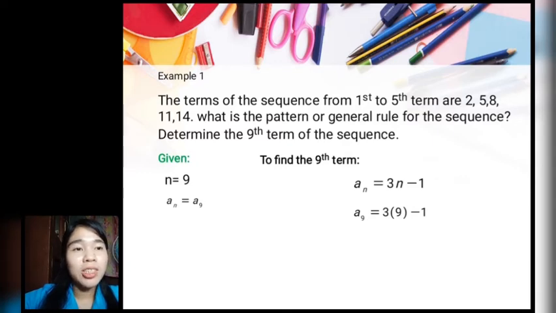So we just substitute the 9 to n. So the equation now will become a sub 9 is equal to 3 times 9 minus 1. So let's now simplify 3 times 9. So we have a sub 9 is equal to 27 minus 1. Then the ninth term will be 26.